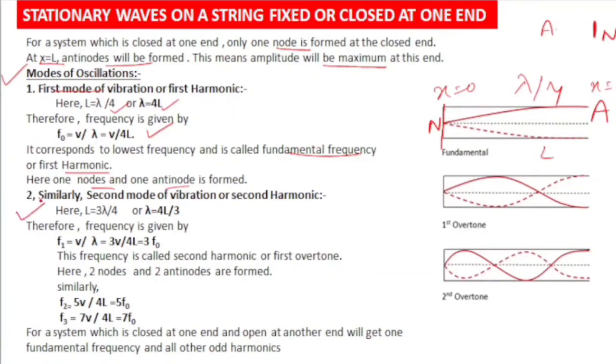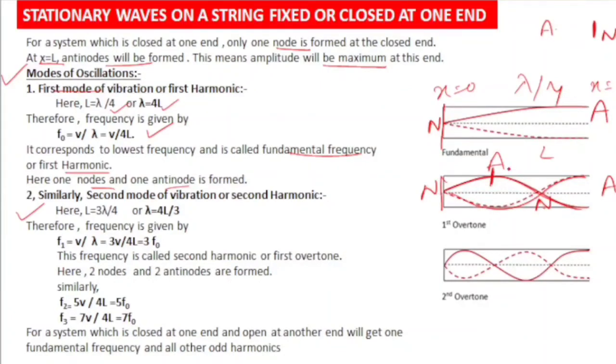In the case of the second mode of vibration or second harmonic, again at the fixed end a node is always formed, and at the open end an antinode is always formed. Here again this type of standing wave is formed. At this place there is an antinode, and at this place there is a node.